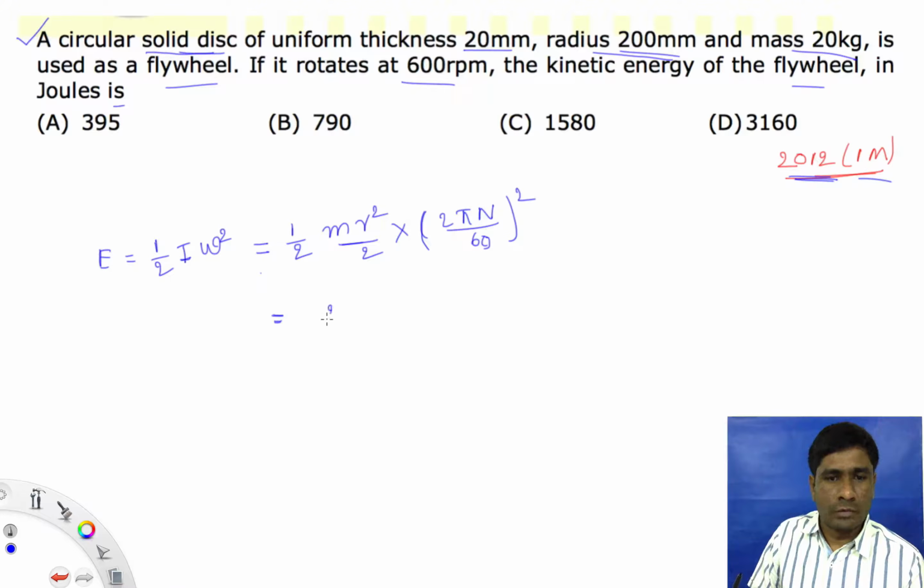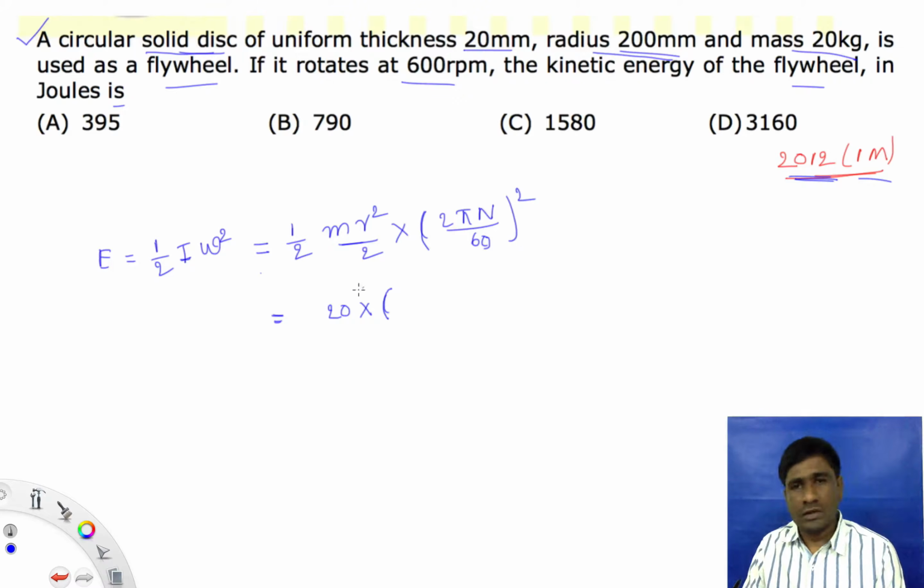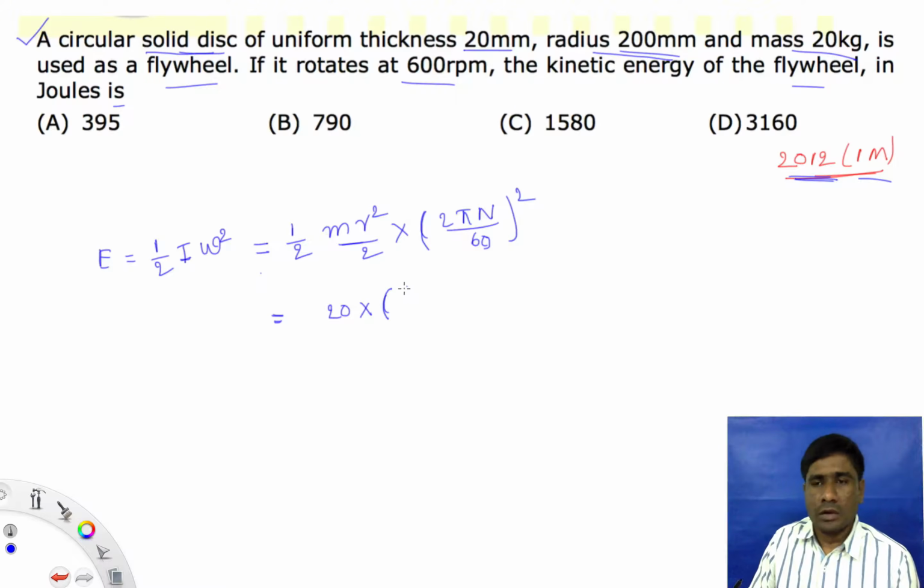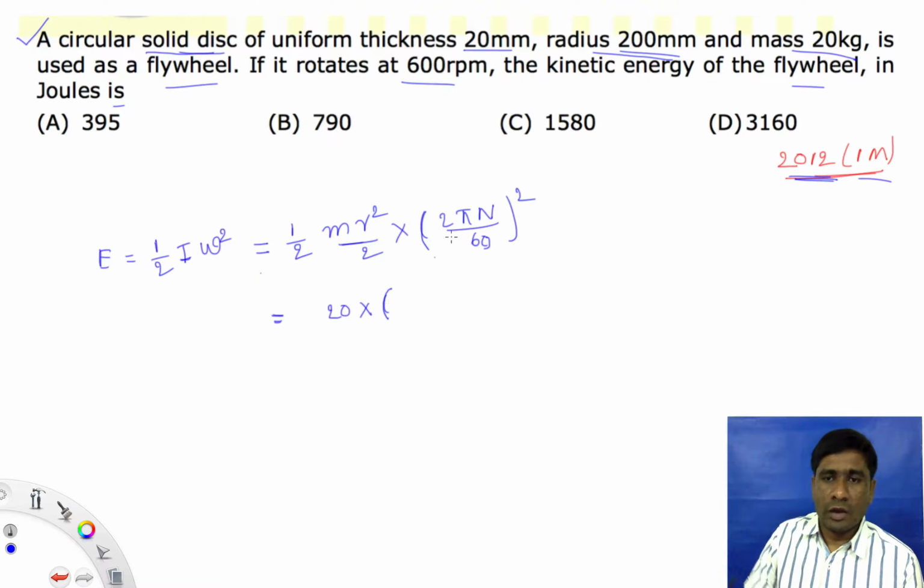What is the m? That is 20, into radius. Radius is 200 mm, we need to change into meter, so multiply with 10 power minus 3. If you multiply 200 with 10 power minus 3, it becomes 0.2.